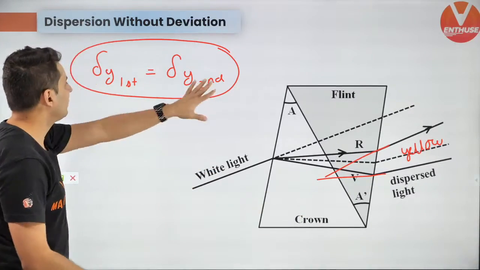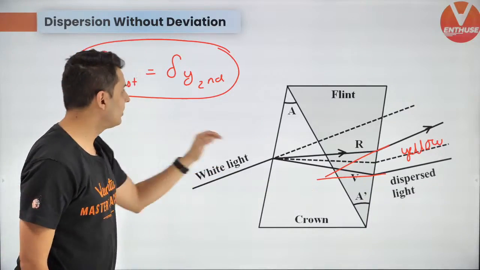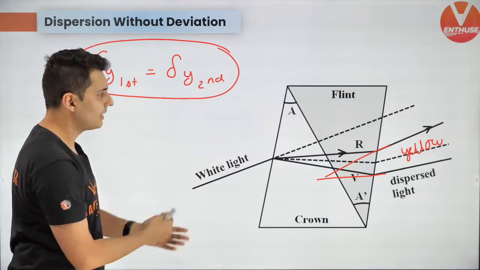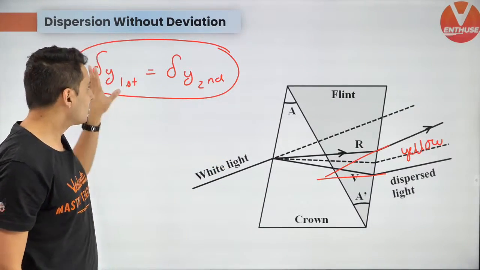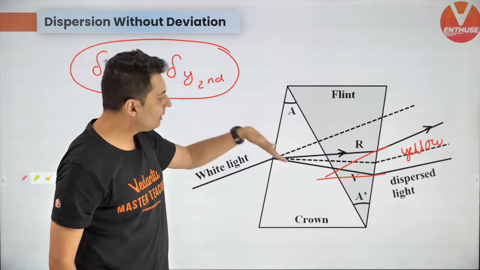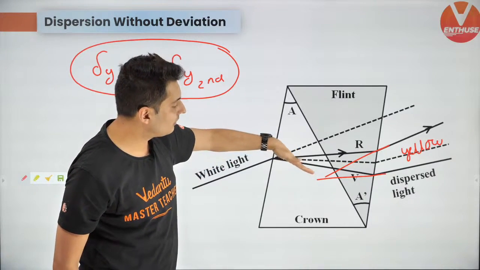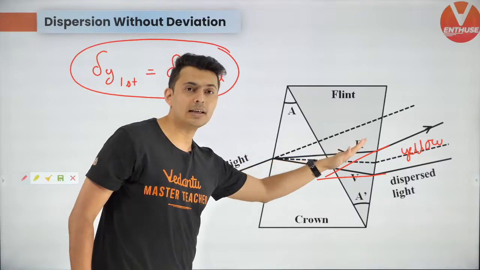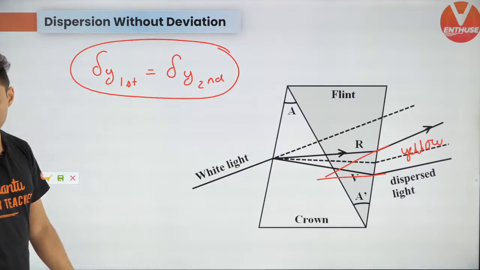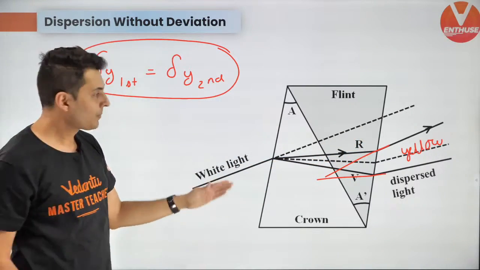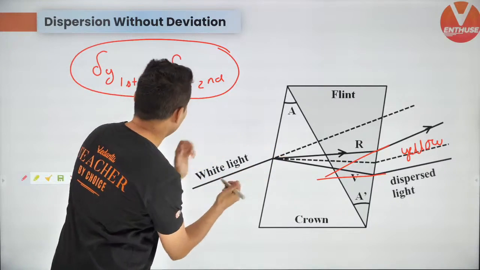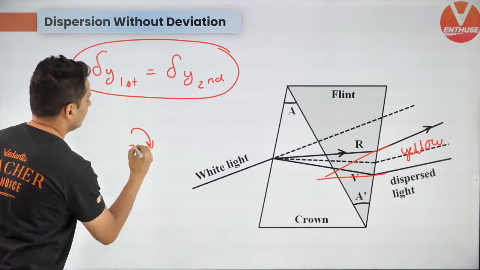Now you substitute the values if they are given in the problem, and you can get whatever is desired as per the question. So this is what you should remember. However much the yellow color deviates in the first prism, that much only it will deviate in the second prism. Okay, Raghav, I hope this is clear. Let's say yellow deviates by 3 degrees in the first prism.